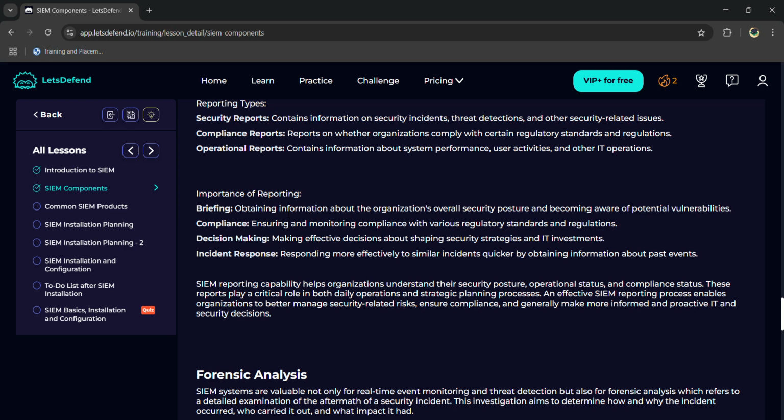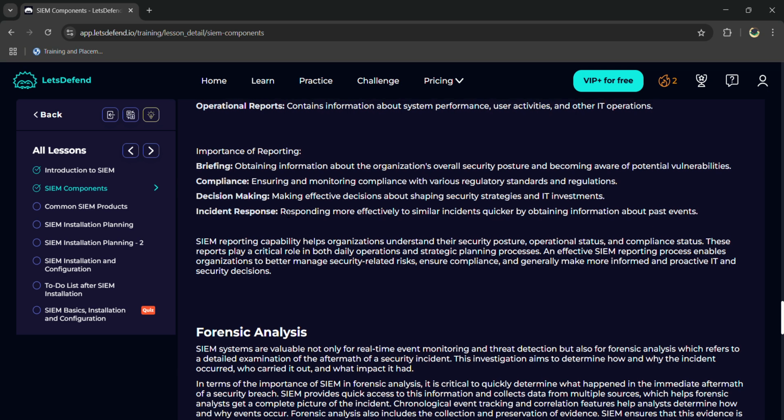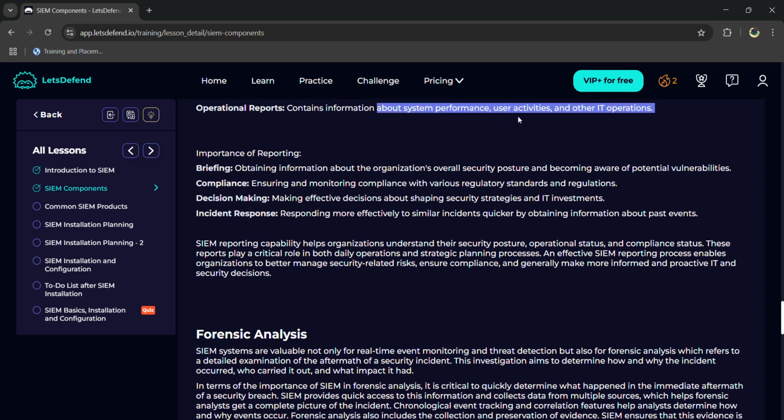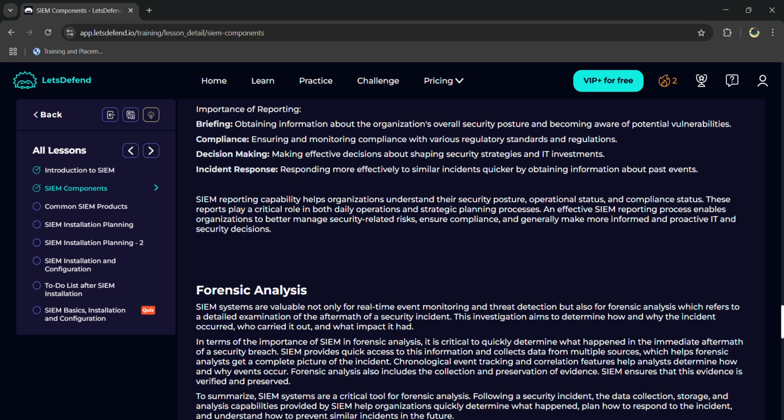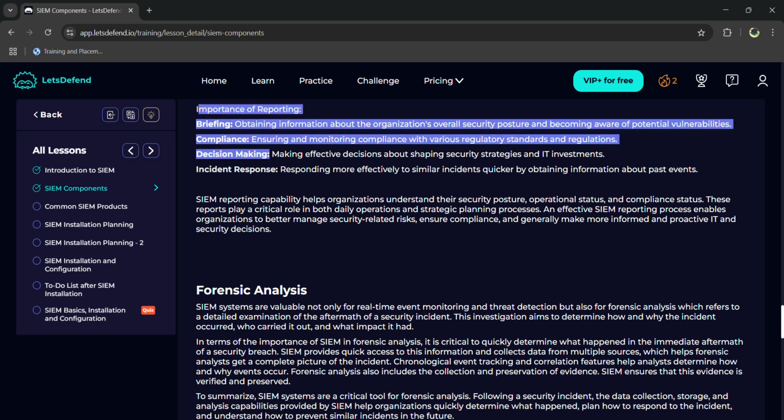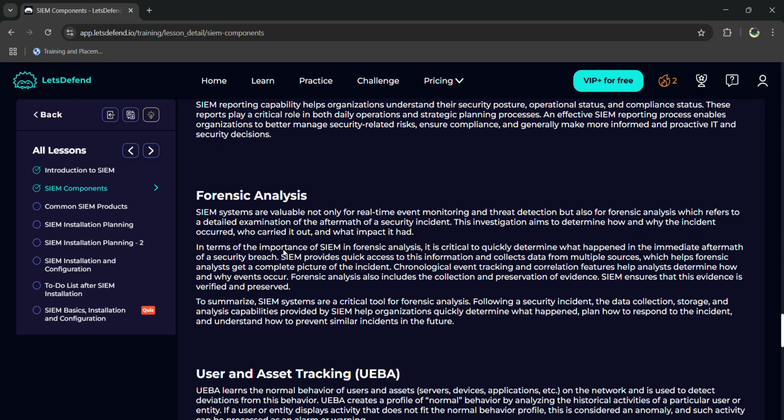Compliance reports are the ones that report on whether organizations are complying with the specified regulatory standards and regulations. Next, operational reports contain information about system performance. Next is the importance of reporting. So the importance of reporting is briefing, compliance, decision making and incident response.